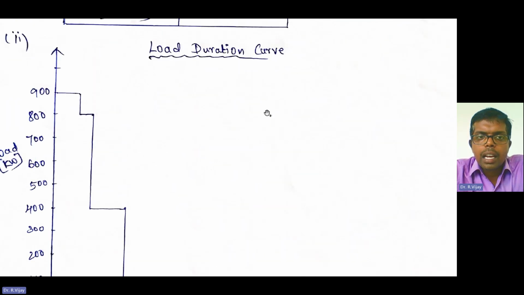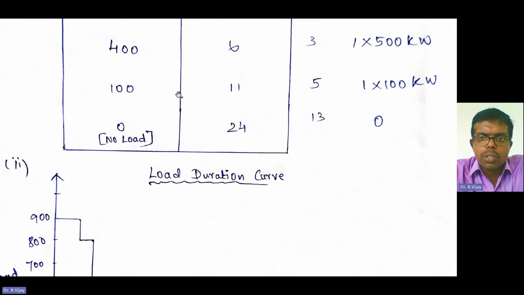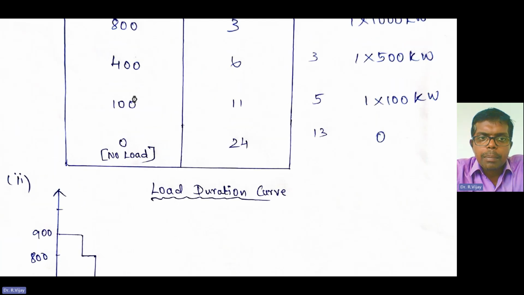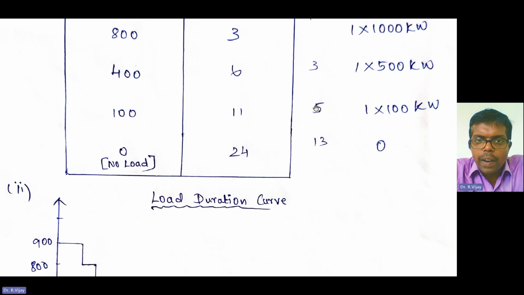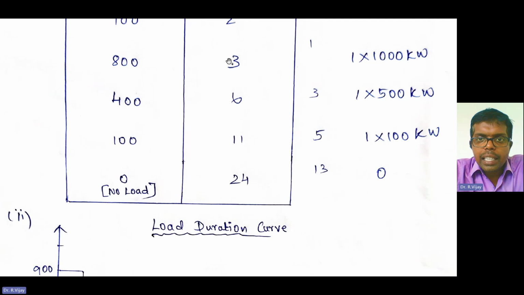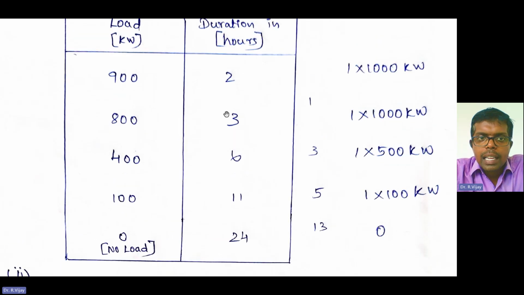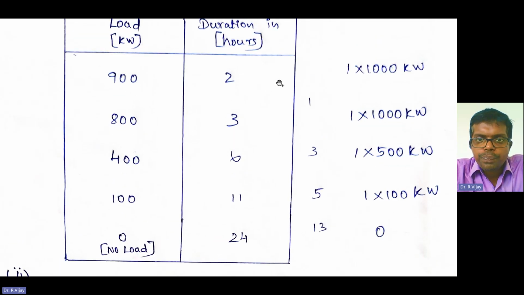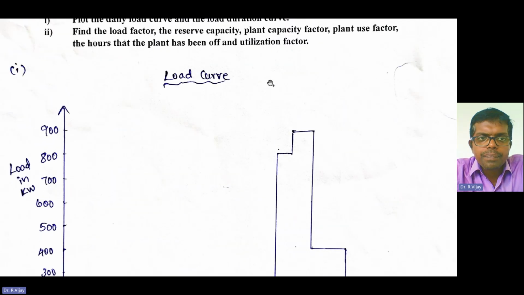Otherwise you can go with this also: 100 kilowatt into 5 hours, plus 400 kilowatt into 3 hours, plus 800 kilowatt into 1 hour, plus 900 kilowatt into 2 hours. You can add like that, or from the problem data.